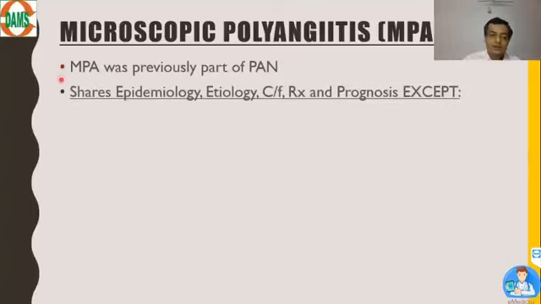They were considered the same disease because MPA shares the epidemiology, the etiology, the clinical feature, the treatment and prognosis with PAN. Can you recall with me? What is the epidemiology of PAN? 30 to 50 year, male dominant.